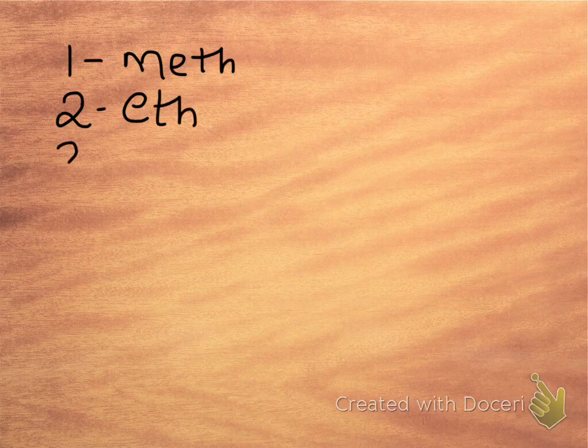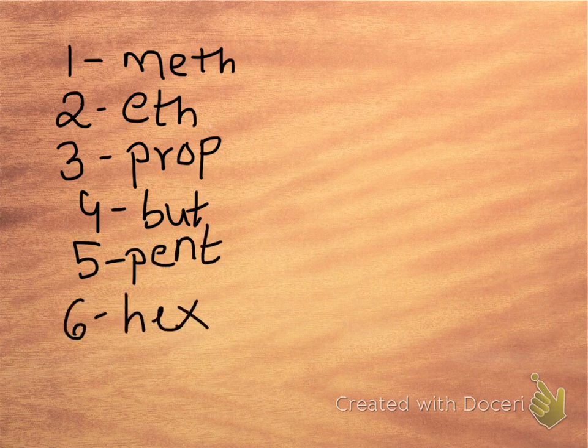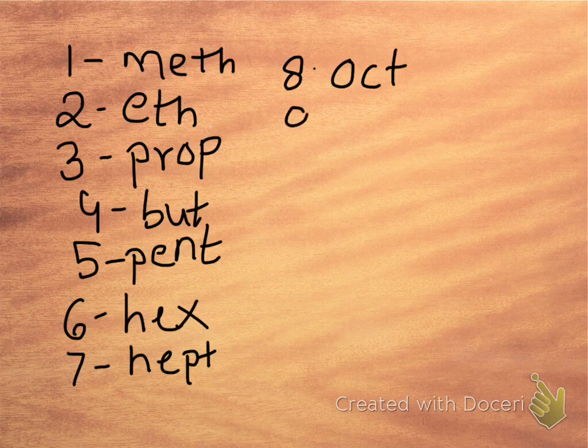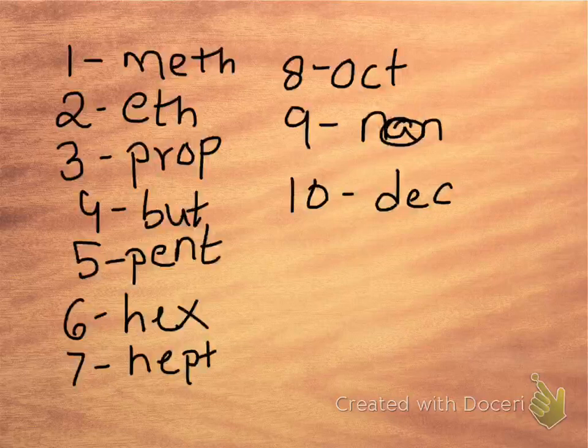Number 1 comes as meth, second as eth, third as prop, fourth as but, fifth as pent, sixth as hex, seventh as hept, eighth as oct, ninth as non, and 10 as dec. So these are the names we should use.